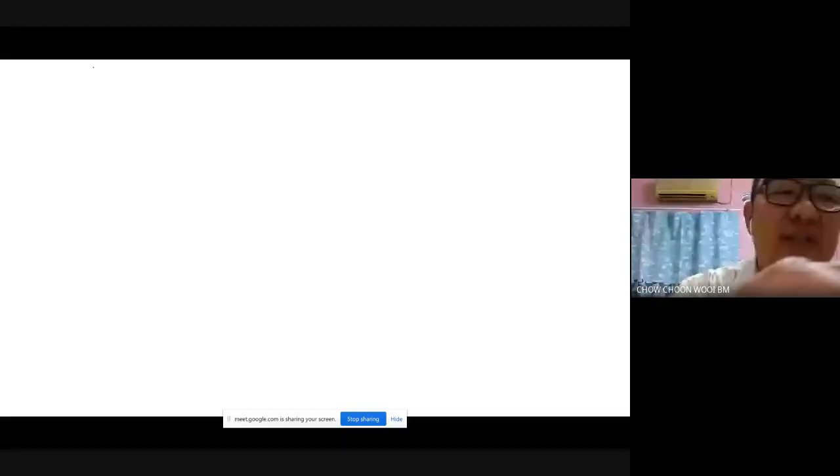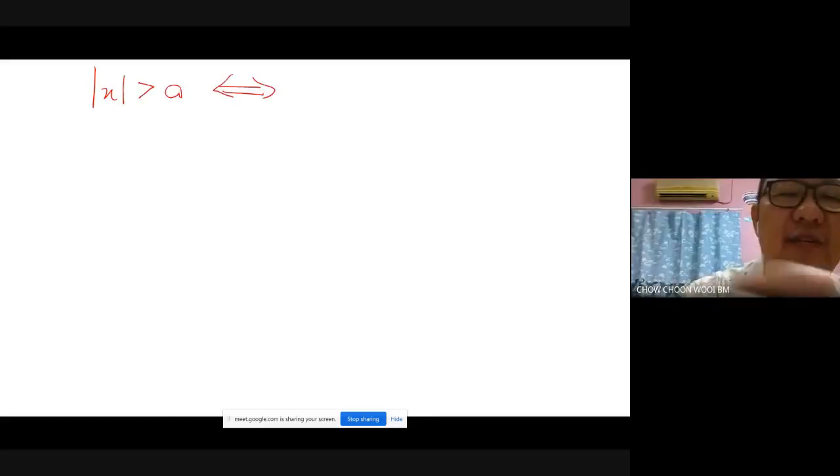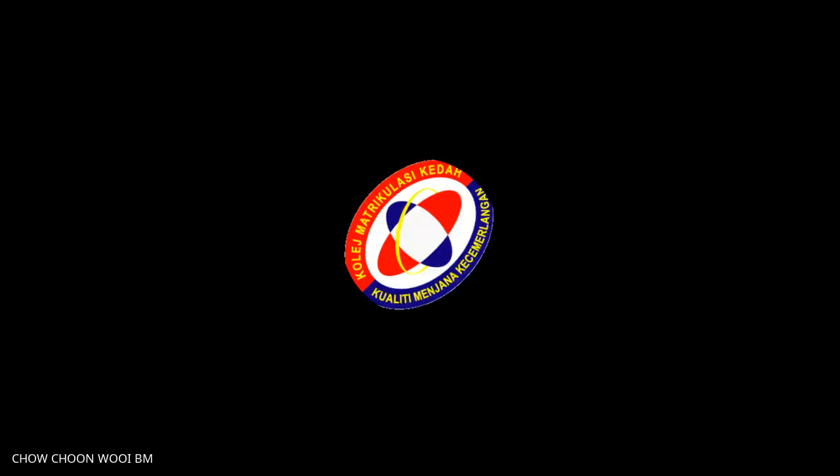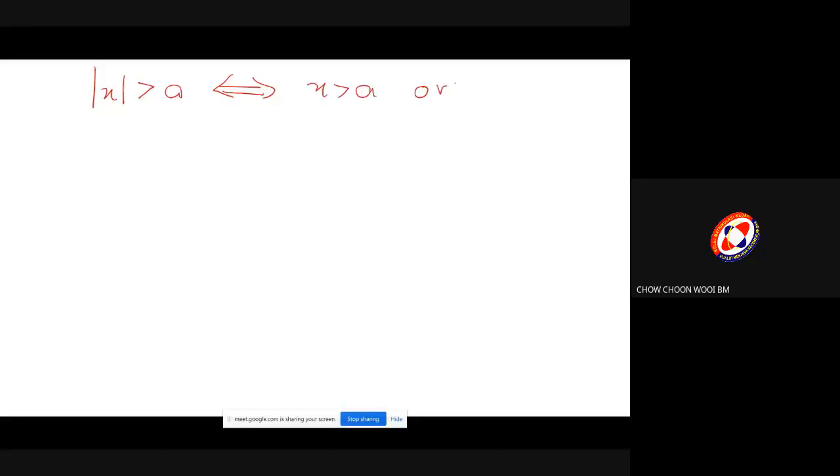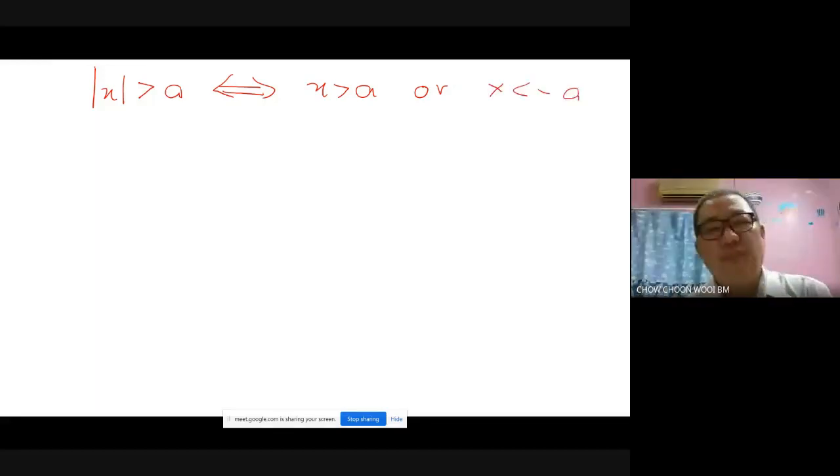Kemudian kita tuliskan rumus dia, senaraikan rumus, senang kita nak rujuk. So the modulus of X is greater than A if and only if, kalau nak buka modulus, X is greater than A or X is less than negative A.